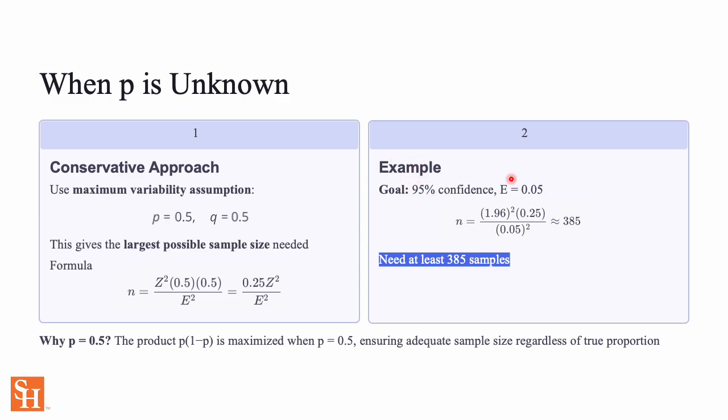Then in this formula we have the critical value, and this is the margin of error, right? And this is the value for p times q, 0.25, and we get the sample size 385 in that case, right? So now I think it is clear to all of you how we can calculate the sample size when we do not know any information about p.